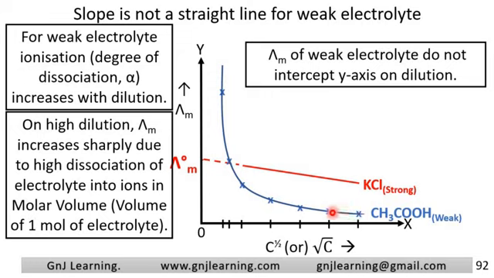Volume increases. Molar volume increases. At the same time, the number of moles dissociated inside it also increases. Volume increases, and at the same time conductivity also increases. Why is conductivity increasing? Because the number of moles dissociating starts increasing.